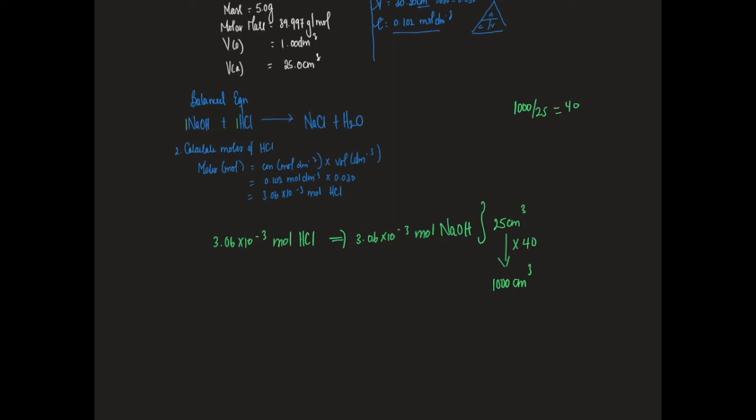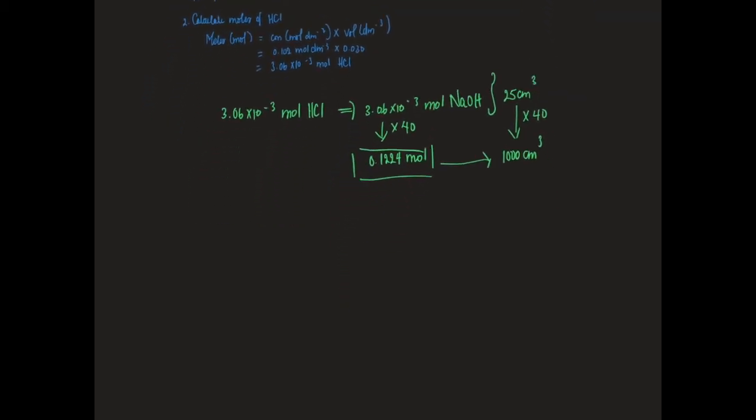So in order to get to the number of moles in 1,000 cubic centimeters, we're going to multiply the number of moles in 25 by 40. And we're going to get 0.1224 mole. So that is the number of mole in the original 1,000 cubic centimeters, and that is the number of moles we're going to work with.